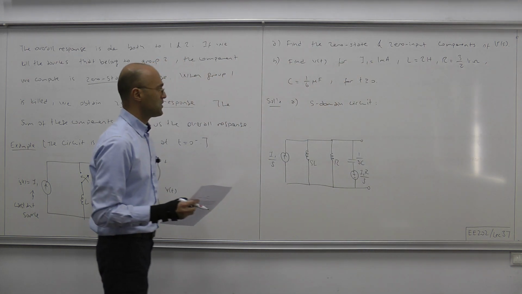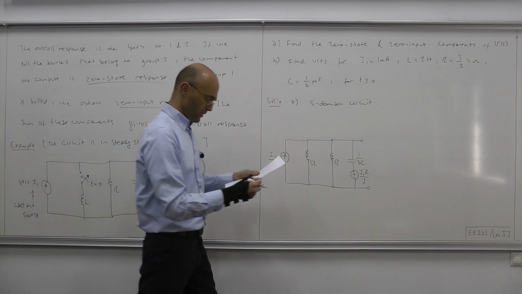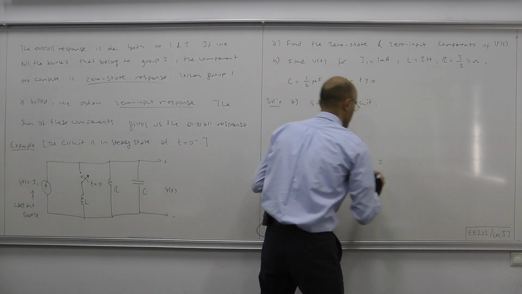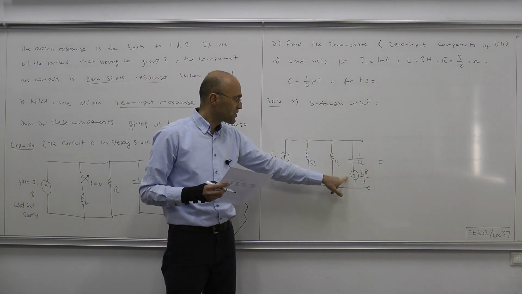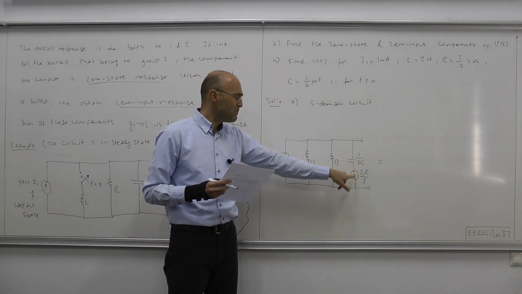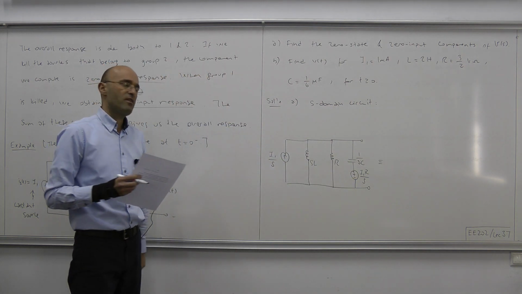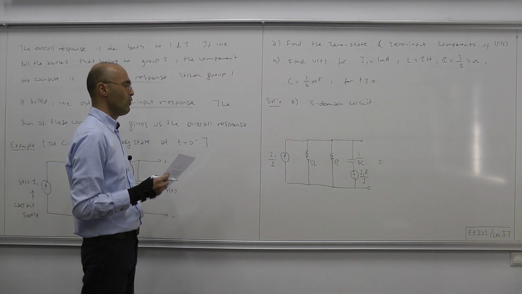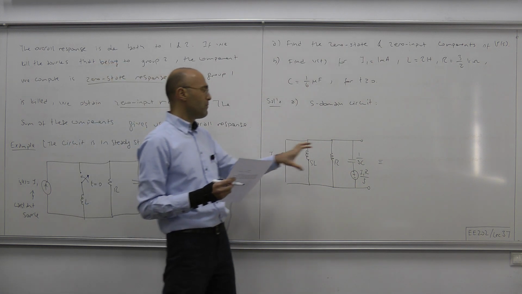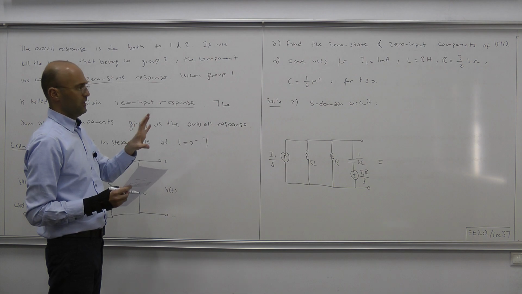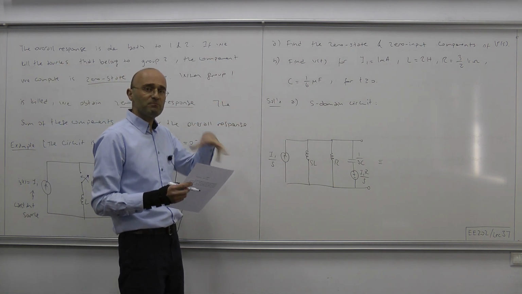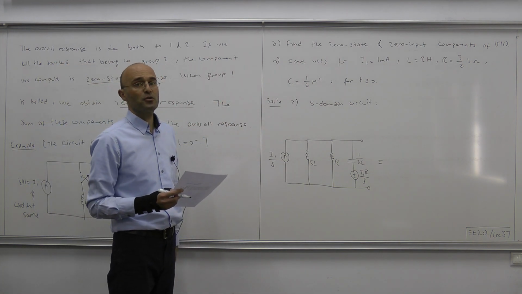Okay, now for simplicity of analysis, let's apply source transformation to this pair of impedance connected in series with that voltage source, and represent that by an impedance connected in parallel with a current source, so that the circuit becomes a little bit easier to analyze.